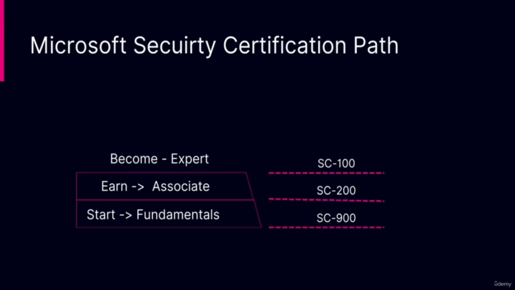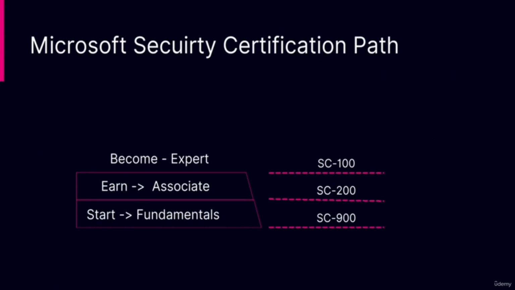Then you can move on to the associate level exam, which is SC-200. Now, keep in mind that if you're familiar with the basic concepts of security and Microsoft products, then you don't have to take the SC-900 exam. It is not a prerequisite. You can just take the SC-200 exam and get your associate level certification.